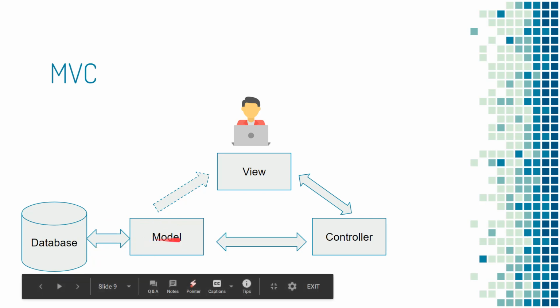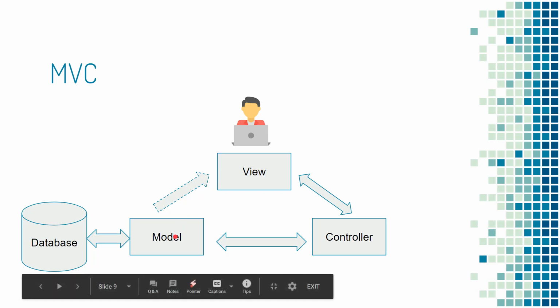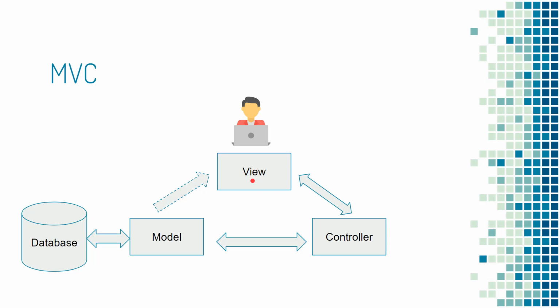Once it's done, depending on the framework you are using, some frameworks, which are not that many, will update the view directly. But in most cases, the output of the model will be returned to the controller, where the controller is the one that returns the response to the view.